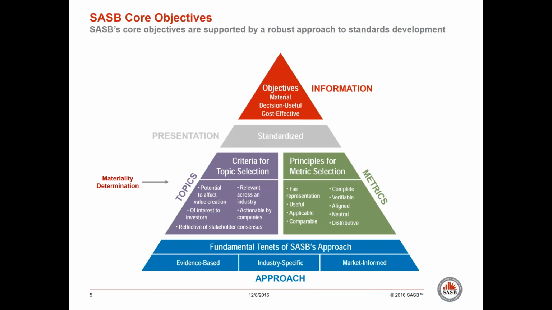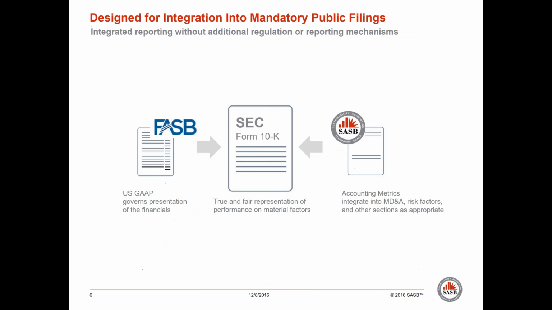We bring those together in a standardized form, including technical protocols on implementation and descriptions for inclusion in the MD&A section of the financial reports, with the goal of arriving at issues and standards and metrics that are material, decision useful to investors, and cost effective for issuers to prepare.